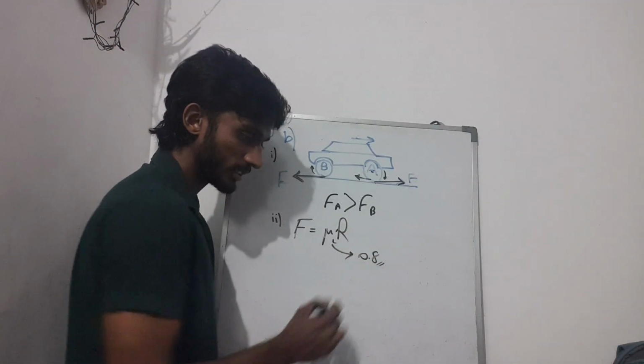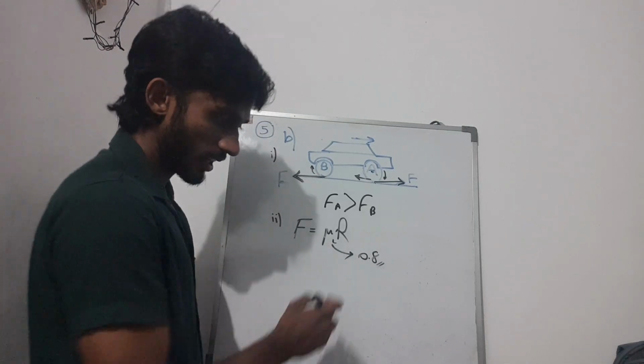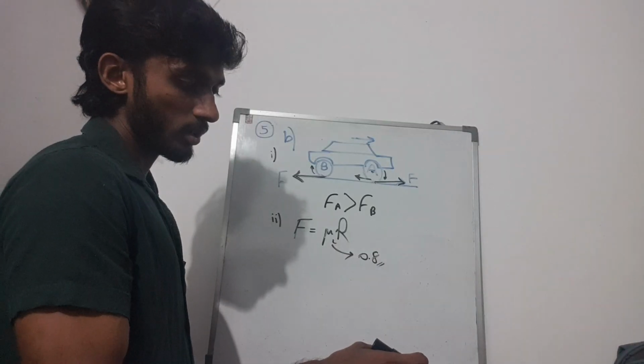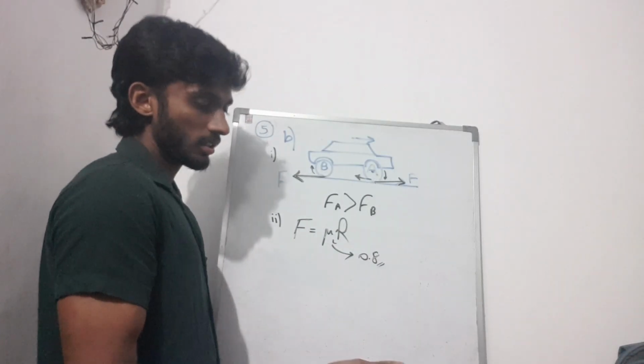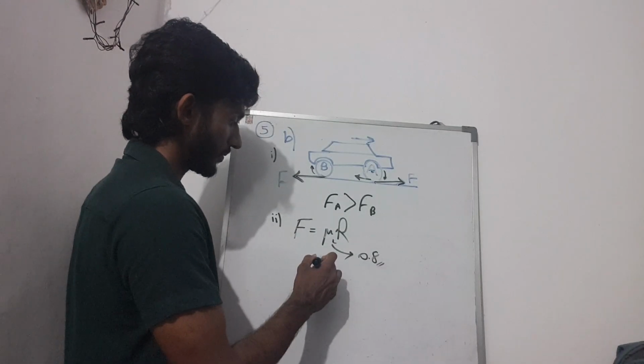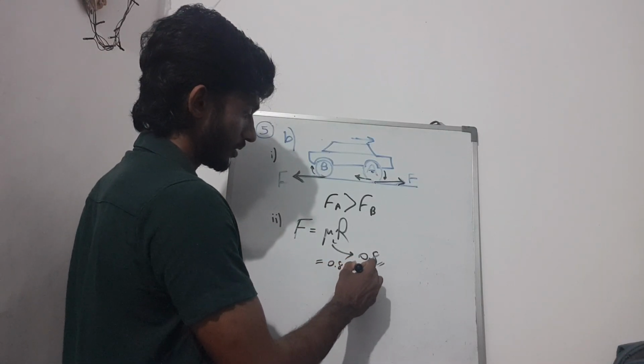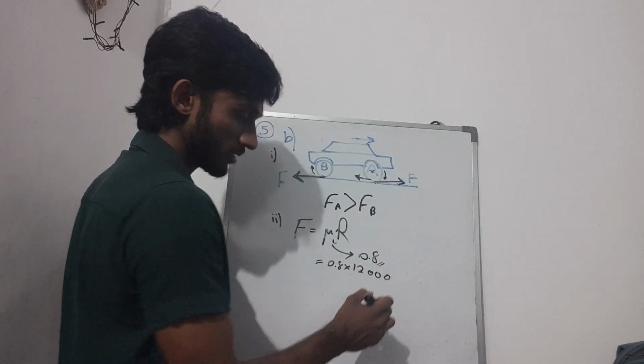The limiting friction coefficient is 0.8. R is 12,000 kilograms into 10. We can calculate 0.8 times 12,000.